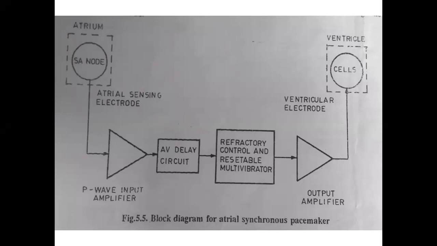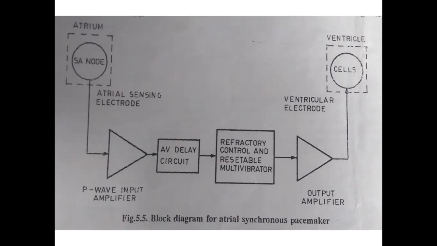From the sinoatrial node, which is the natural pacemaker, the impulses are generated and travel to both atriums, left atrium and right atrium. From there they reach the AV node, the atrioventricular node, which is present between the right atrium and right ventricle.